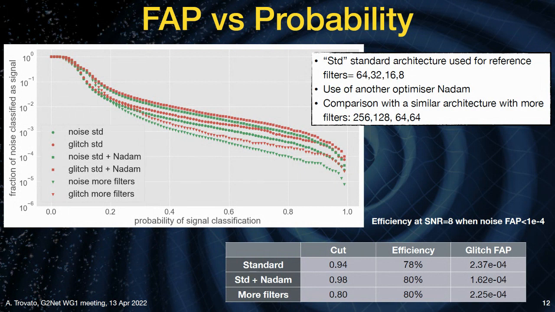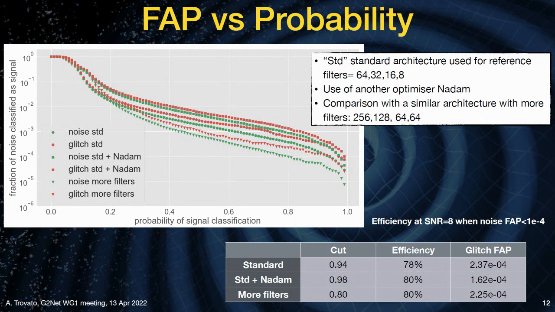Then the squares that are here are obtained by changing the optimizer, using NADAM instead of ADAM. And then with more filters in the same architecture, we get this triangle.